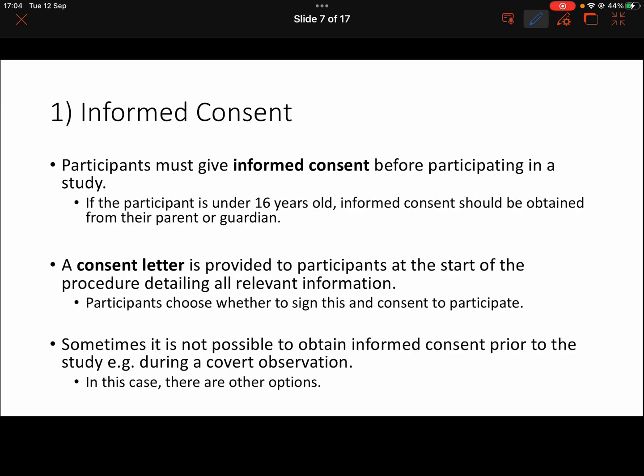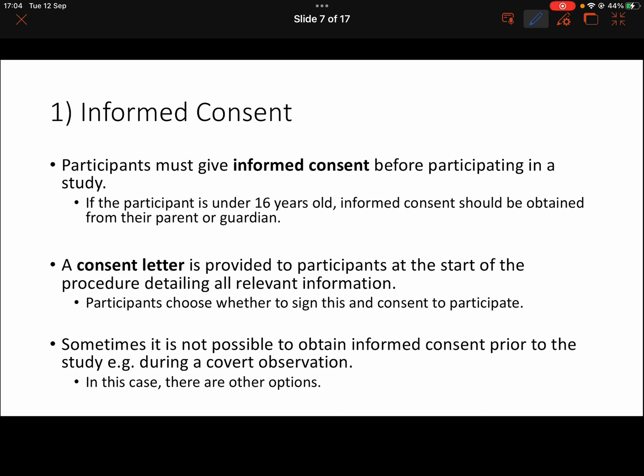At its most basic level, participants in research should know what they're getting themselves into before they get into it. They should know what the research is about. They should know what's going to be required of them. They should know what's going to happen with their data, and so on. And they should know this prior to taking part, so that they can choose to take part with full knowledge of all aspects of the study.